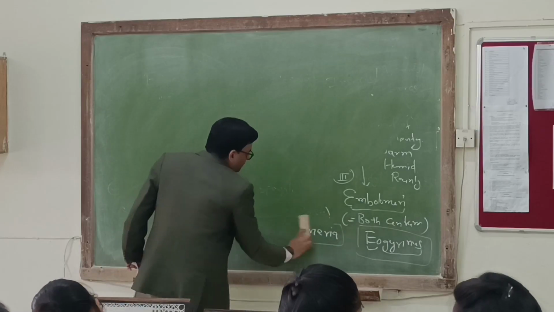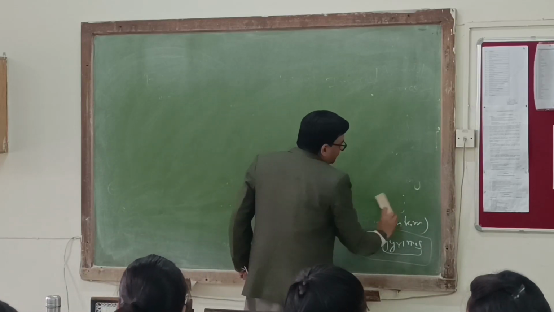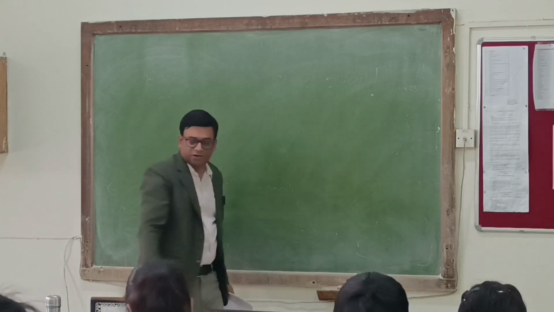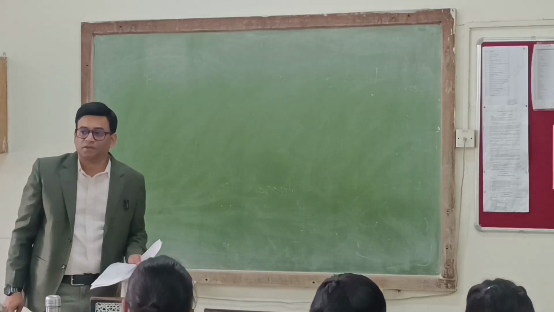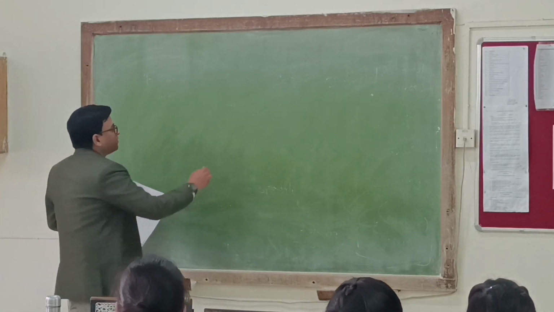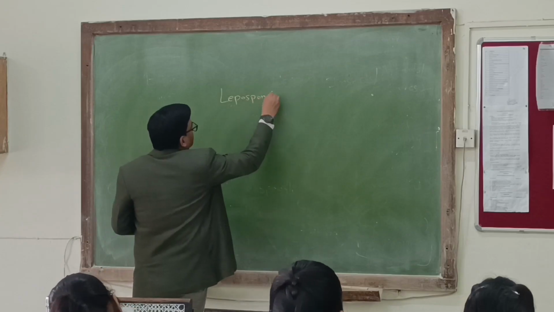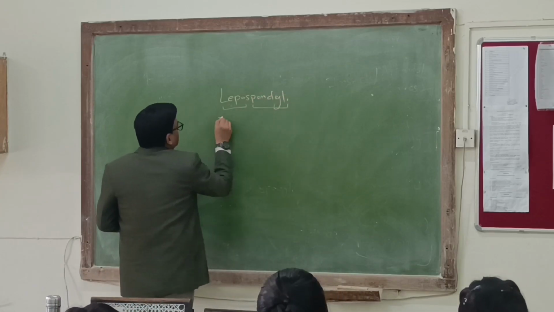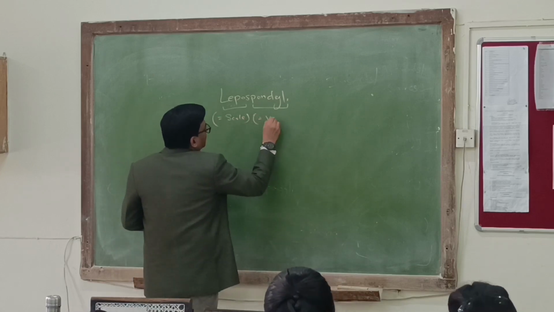The notochord is in the process of ossification, and the ossification around the notochord is in the form of scale. Hence, it is called a Lepospondyli. So write down Lepospondyli. Lepo means scale. Spondyli means vertebrae.